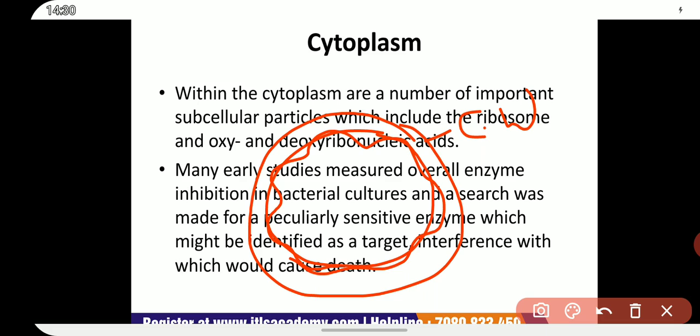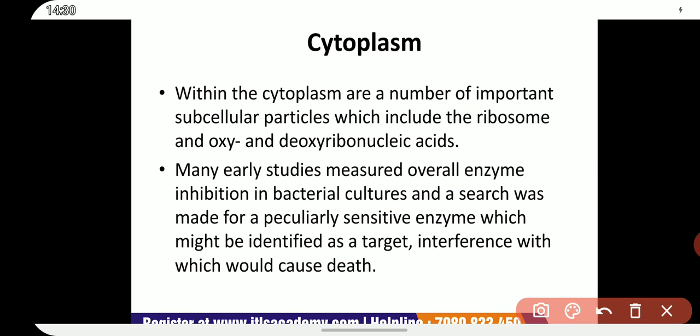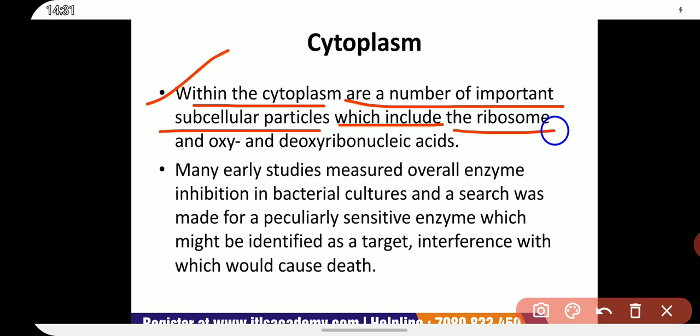So our cytoplasm is covered by the cytoplasmic membrane and cell wall. Within the cytoplasm are a number of important subcellular particles which include the ribosome and deoxyribonucleic acid.